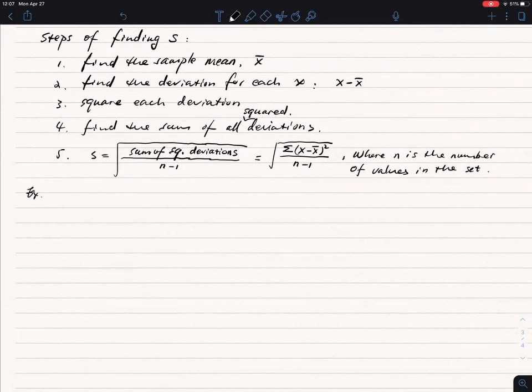So the exercise here is find the standard deviation of this data set: 8, 6, 9, 1.